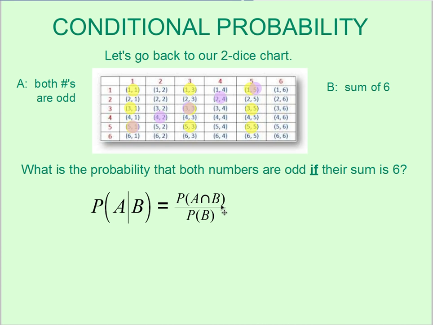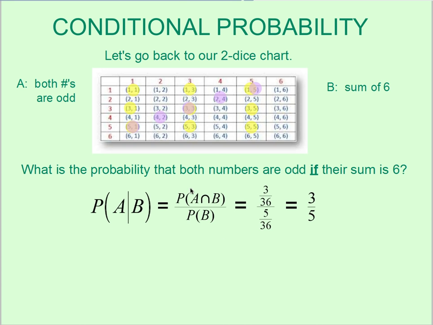So I do the probability of the intersection over the probability of just B. In other words, if I want to go the long way to get there, the intersection has 3 out of 36, right? The 3 spaces where I have yellow and purple. And the probability of B, the probability of a sum of 6, is 5 out of 36. If I simplify that fraction, I simply get 3 out of 5.